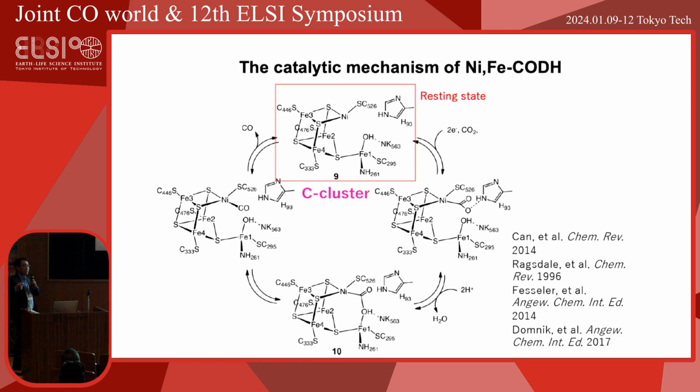Then, normally the CO2 molecule is a linear structure, but once it is bound to the nickel site, it is a bent form. After that, the CO2 molecule is further attacked by the OH minus moiety on the Fe1 side, and then this moiety could be released as water.